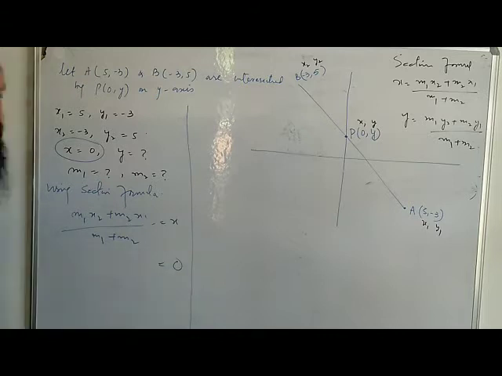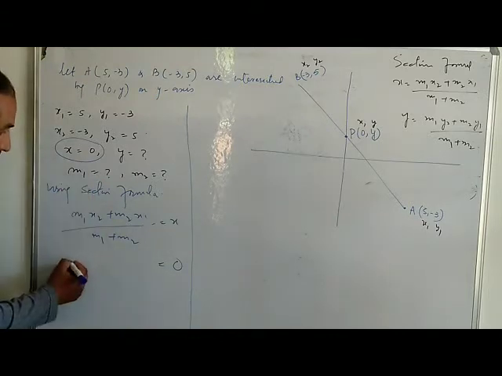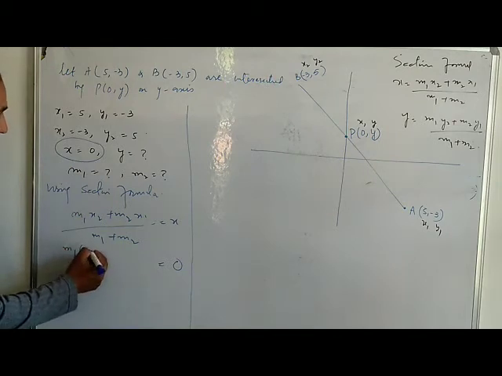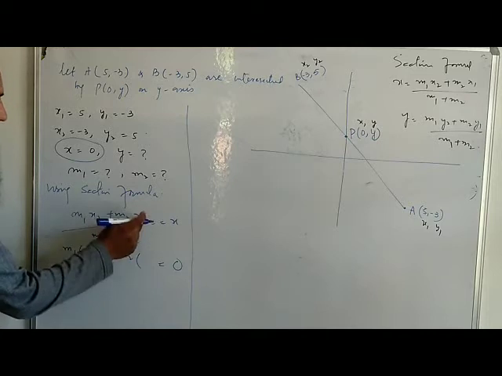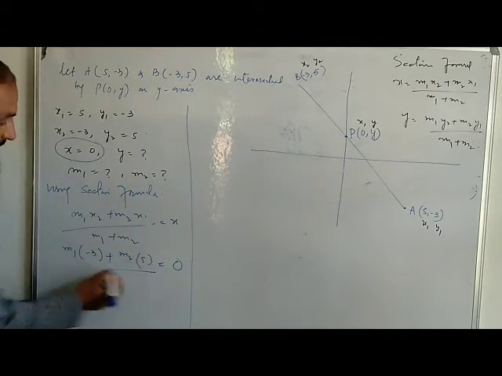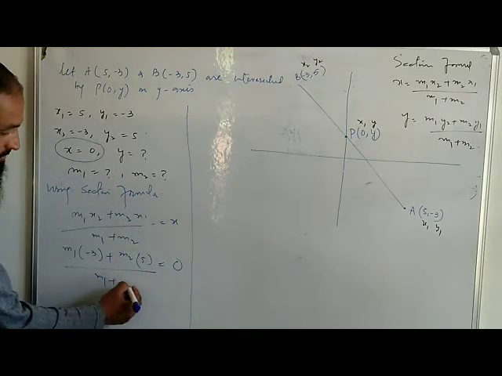Here x is given as 0. Now we will insert appropriate values. m1 we don't know. x2 is here -3, plus m2, we don't know. What is x1? 5, divided by m1 plus m2, we don't know.